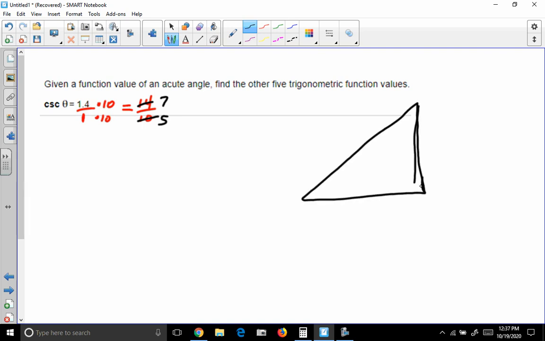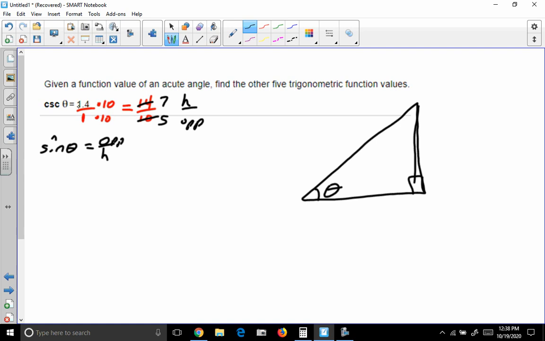Oops, it doesn't exactly connect. Cosecant, remember that's the reciprocal of sine. Sine is opposite over hypotenuse. So cosecant is hypotenuse over opposite.